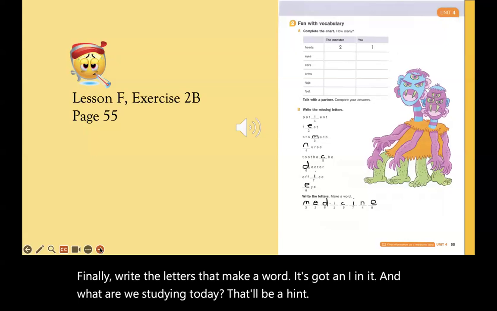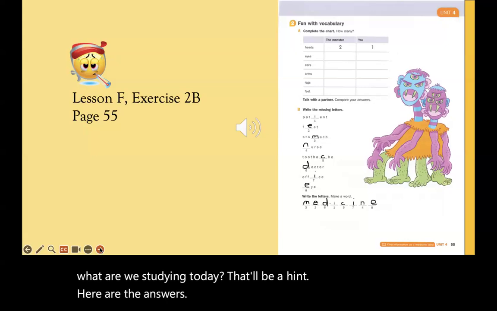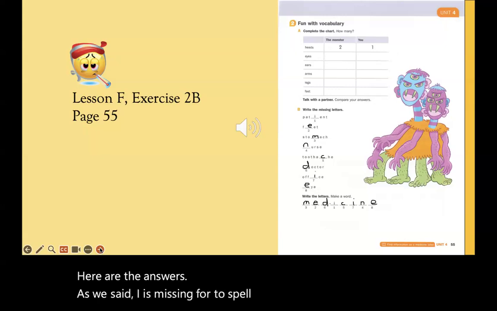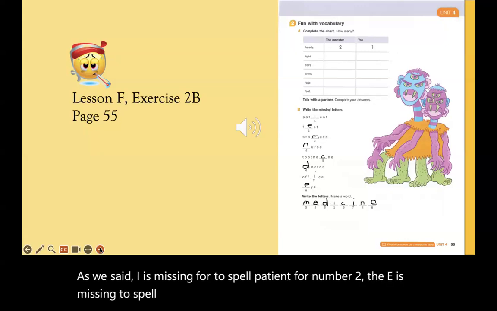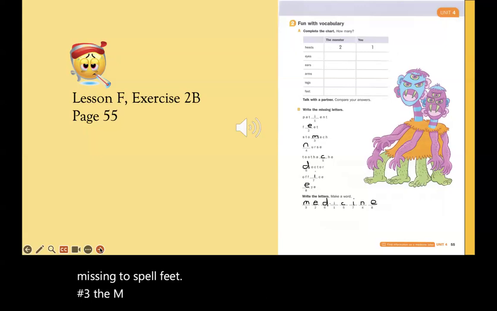Here are the answers. As we said, I is missing to spell patient. For number 2, the E is missing to spell feet. Number 3, the M is missing to spell stomach.